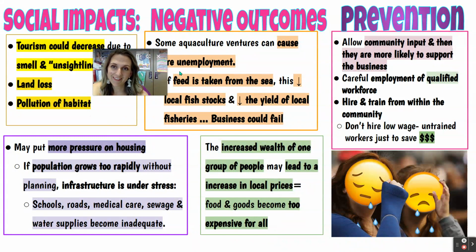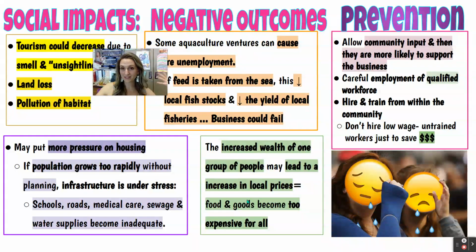Something that I don't think we think about that often, very fortunate to not necessarily think about, but the increased wealth of one group of people, and it might be a lot of people in the area, could cause local prices in general to increase in that area. And goods and services are going to become too expensive because everyone's going to want a little piece of the pie.